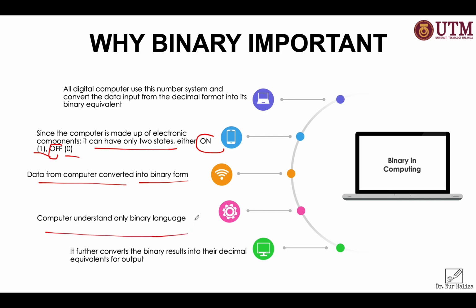A computer understands only binary language, which is a digital computer. And then the most important thing that you need to know is further conversion, because if let's say your output is 1010, you will have difficulty understanding what it is about. So that's why after your computer processes the binary form, there will be output in decimal itself.